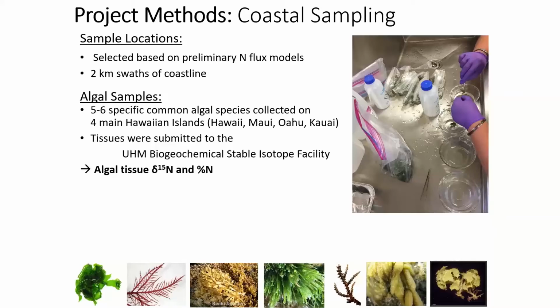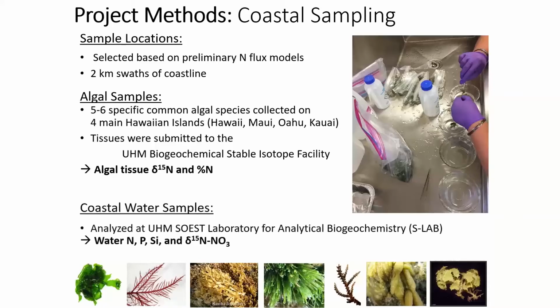The percent nitrogen in the tissue gives you a better indication of the amount of nitrogen in the coastal environment. They're linked, but a higher delta 15N value does not mean that you have more wastewater. We get that information from percent N.